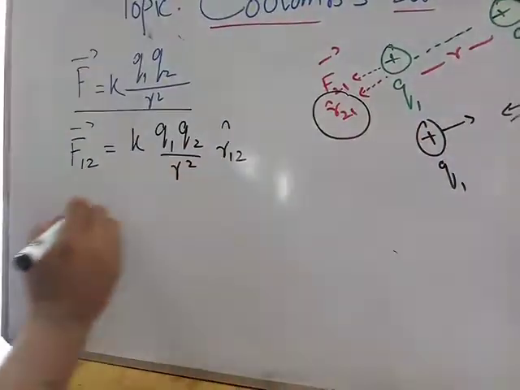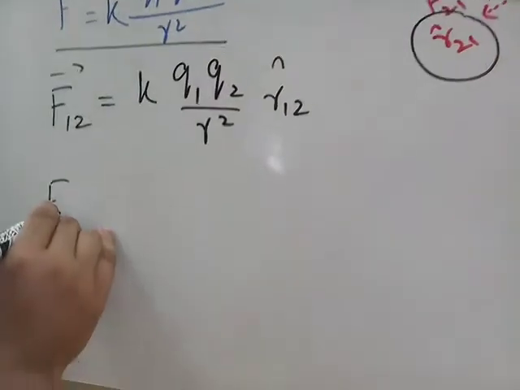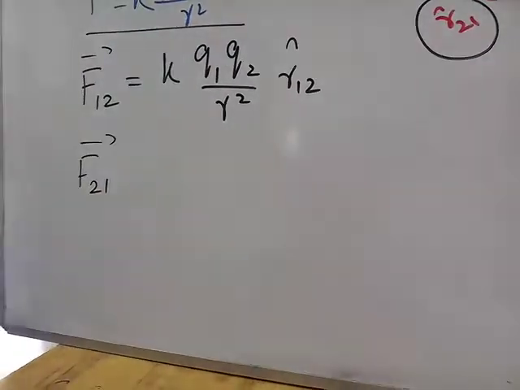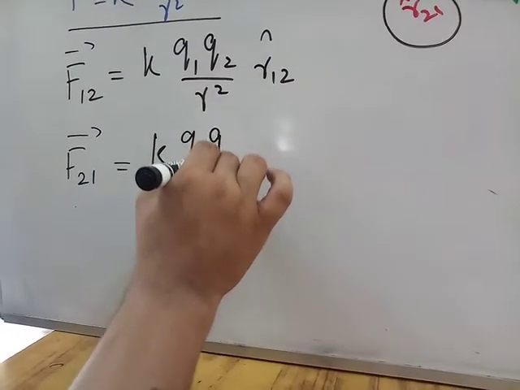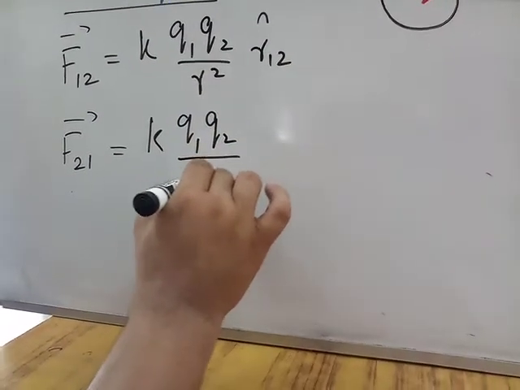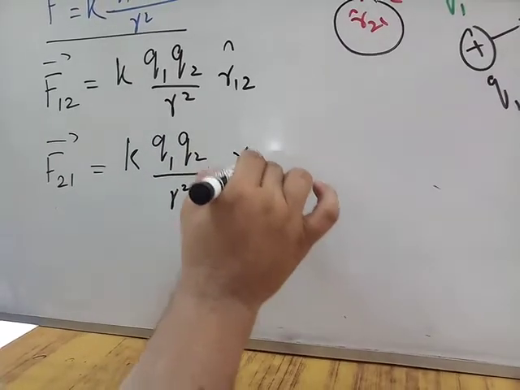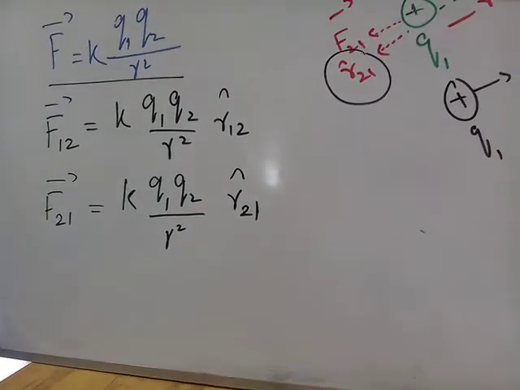So for unlike charges, we use F21, which is equal to K Q1 Q2 over R square in the direction of R21.